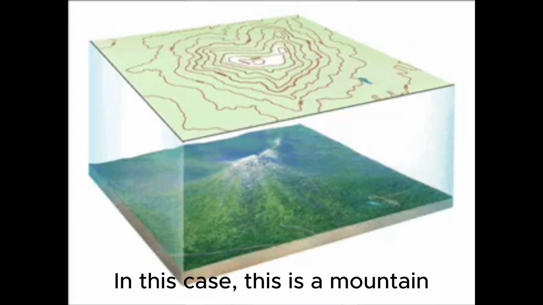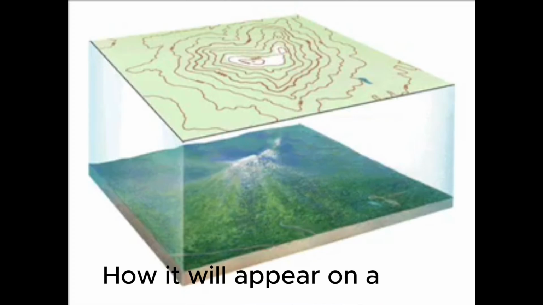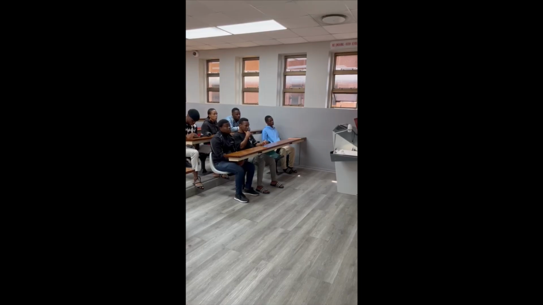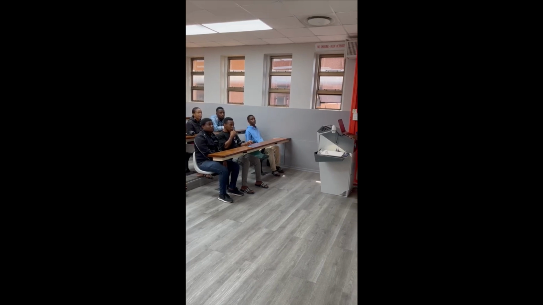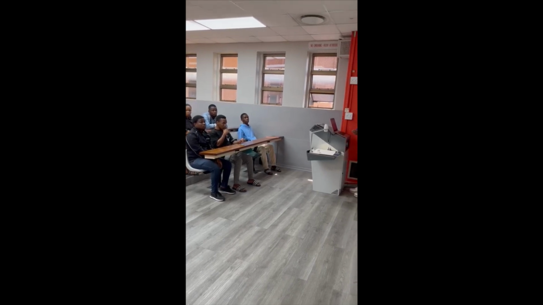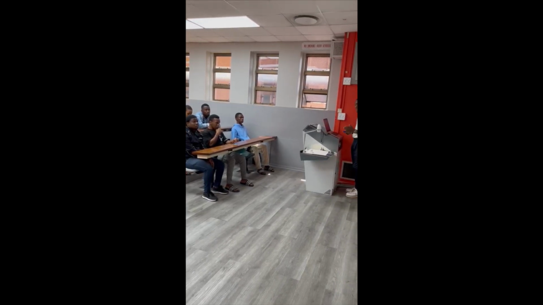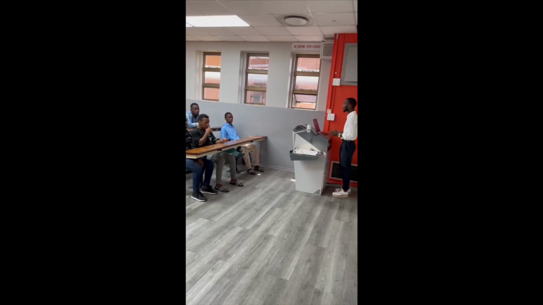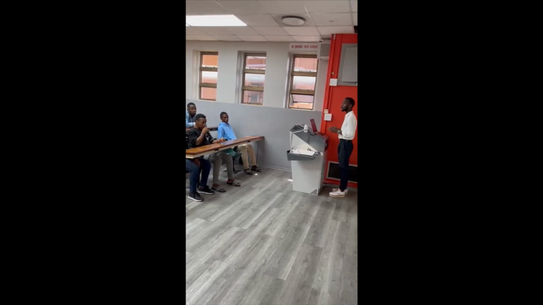Number one, what does it mean if contour lines are very close together? Let us look at the spacing of the contour lines. The way contour lines are spaced tells us about the slope. When the lines are close together, the slope is steep.